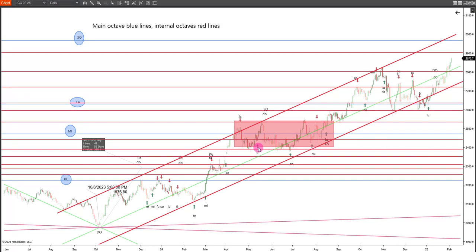Any upward trigger at time and price would be a good trade opportunity. Like at this T-tone, at this ray tone, we've got a timer at a price level. The Mi tone, we've got a timer at a price level. The La and Fa tone come together on our angle.